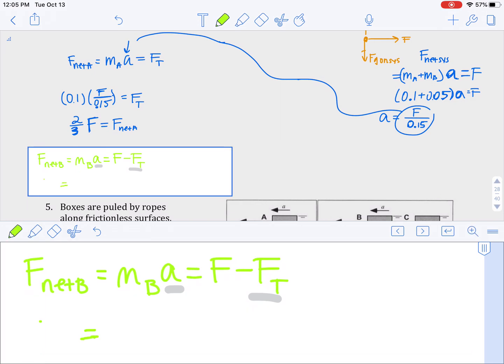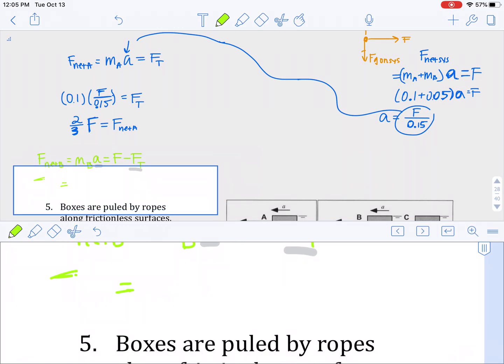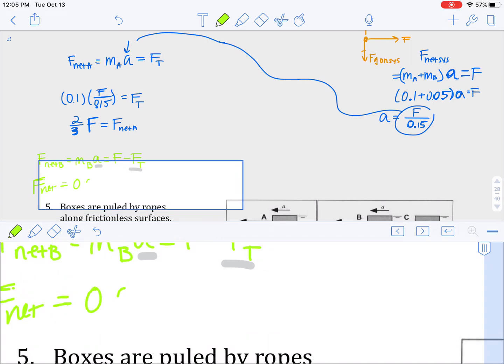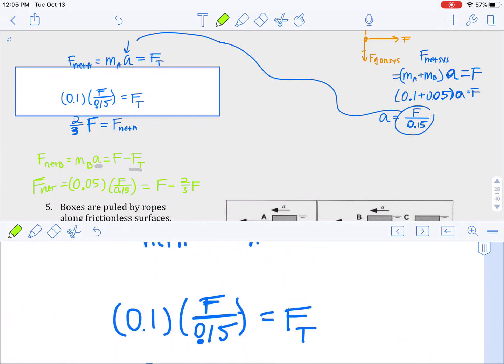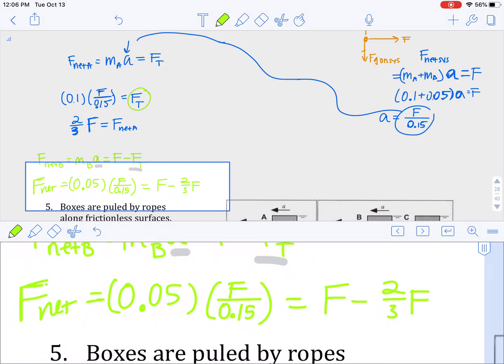So I've got 0.05 is my mass times the acceleration, which is still F over 0.15. And that will be equal to F minus 2/3 F. Because remember, these forces of tension are equal and opposite.